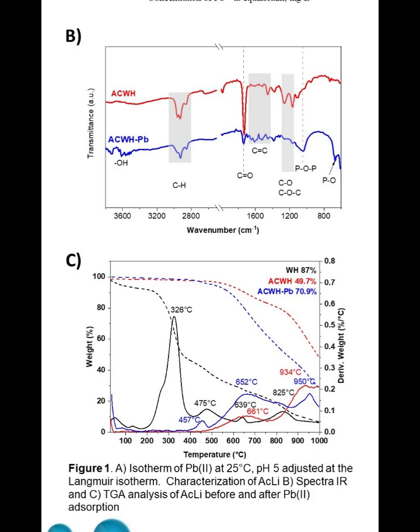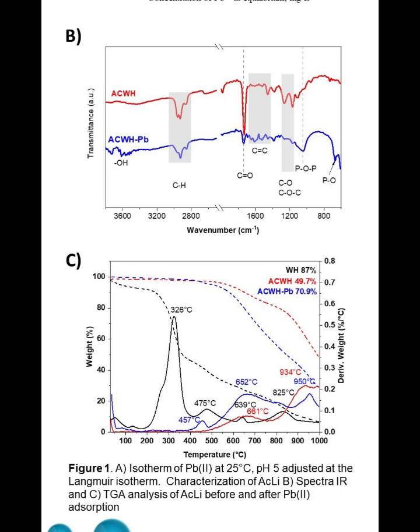Figure 1c shows the thermogravimetric analysis, TGA, where total weight losses of 87% for Eichhornia crassipes, 49.7% for the activated carbon, ACWH, and 70.9% for the activated carbon after Pb2+ adsorption were recorded. For E. crassipes, the main thermal events correspond to the degradation of cellulose and hemicellulose between 200 and 400 degrees Celsius, followed by lignin decomposition between 400 and 500 degrees Celsius.